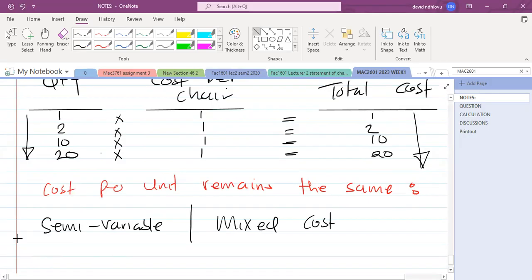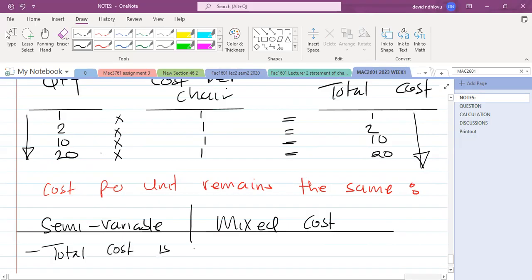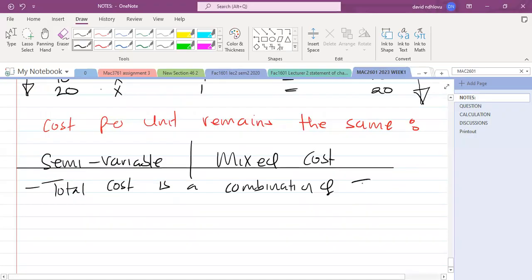So we are simply saying the total cost is a combination of total variable plus total fixed cost in one.